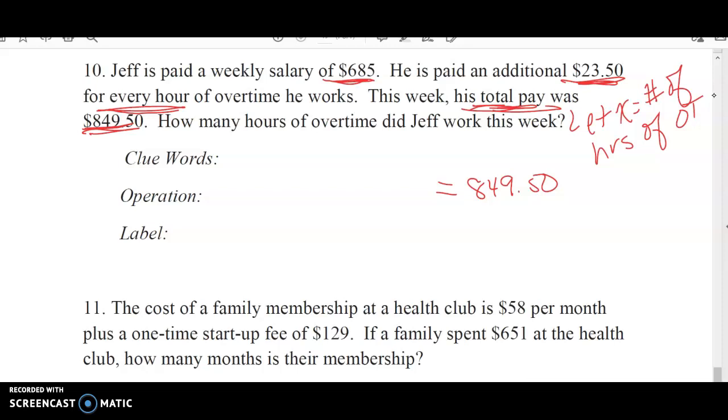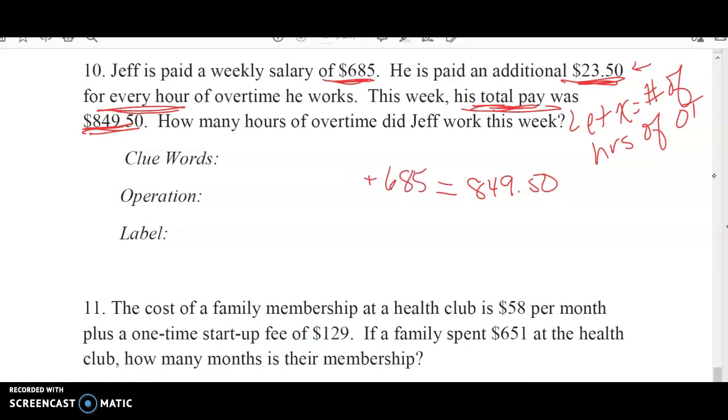Look and see which number corresponds with your let statement. Well, that's going to be the $23.50 right here. $23.50 for every hour of overtime he works. So he gets paid this base salary of $685. He gets $685 regardless. That's your constant. That's the number that's not going to change. That's going to go right here.